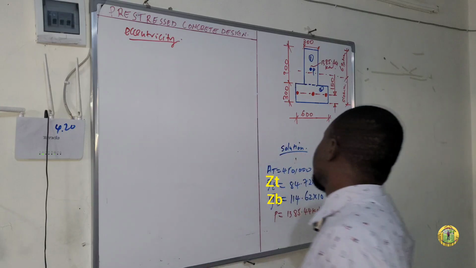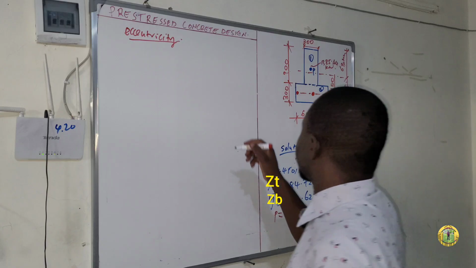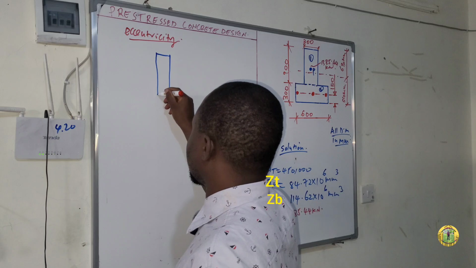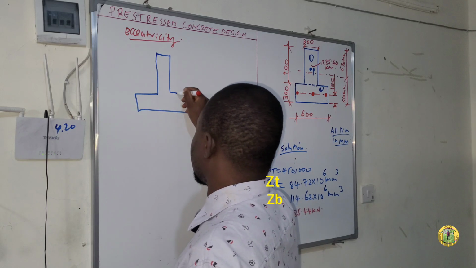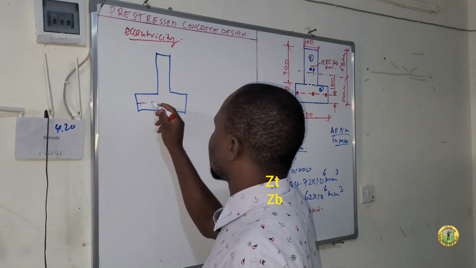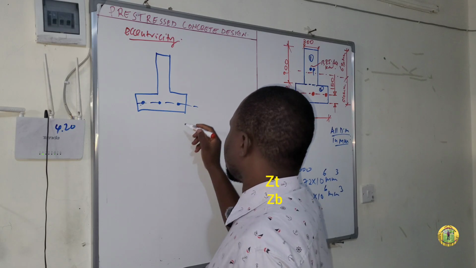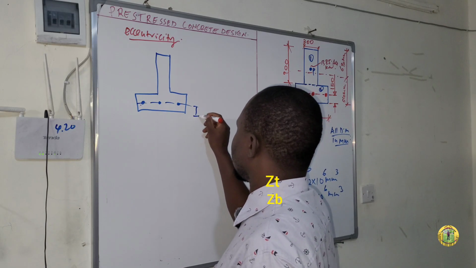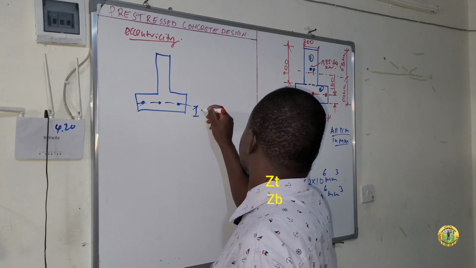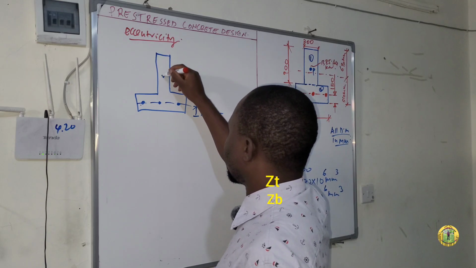And for us to calculate the eccentricity, as you can see, if I can draw this section here, so this is the section, and these are the cables, and then from the bottom part to the cables is 150 millimeters, and then this is the P.